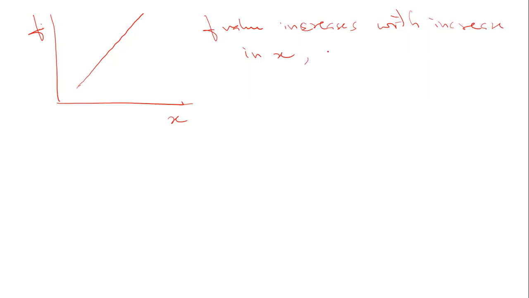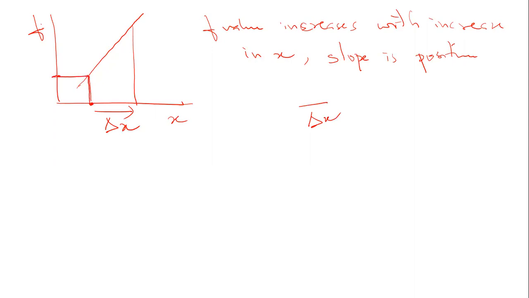In such a case the slope is called positive slope. For example, if you increase your x value by this del x, so if you have a positive del x, then corresponding to the increase in x at this point, what is the f value? The f value is here.